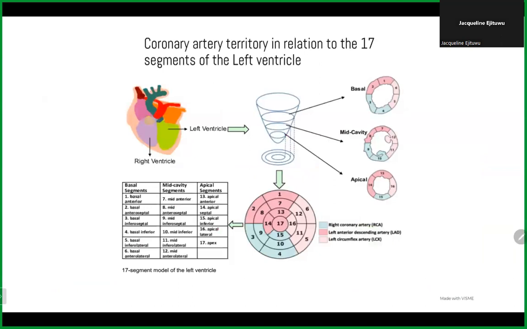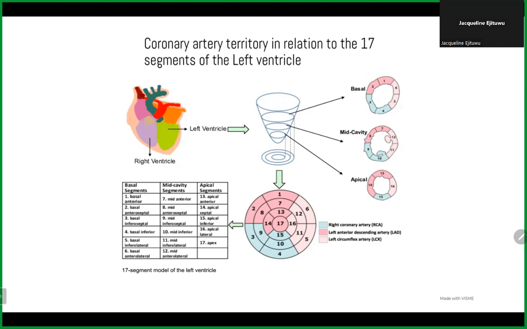So this is also showing us the coronary artery territory in relation to the 17 segments of the LV on echo. It's color-coded, and each segment is represented. Any regional wall motion defects along the inferior segments are likely to be right coronary artery involvement.